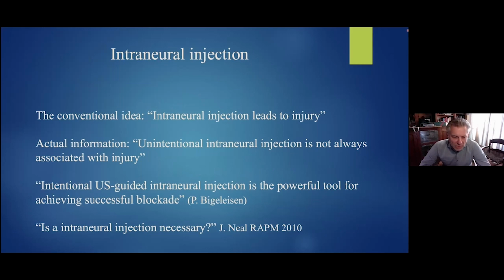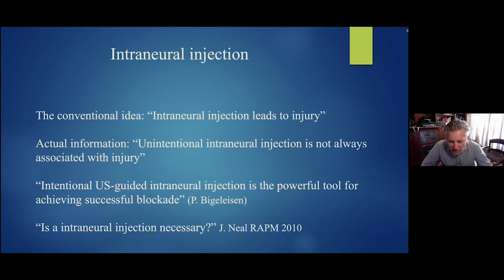And in 2006, Paul Bigeleisen performed a study where he intentionally performed intraneural injection, and he said that is to achieve a powerful block. I will show you that's perhaps not a good idea.